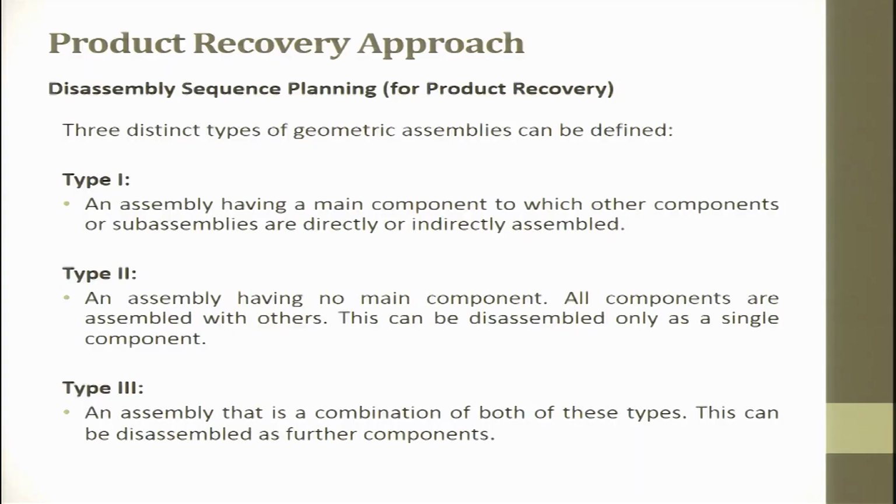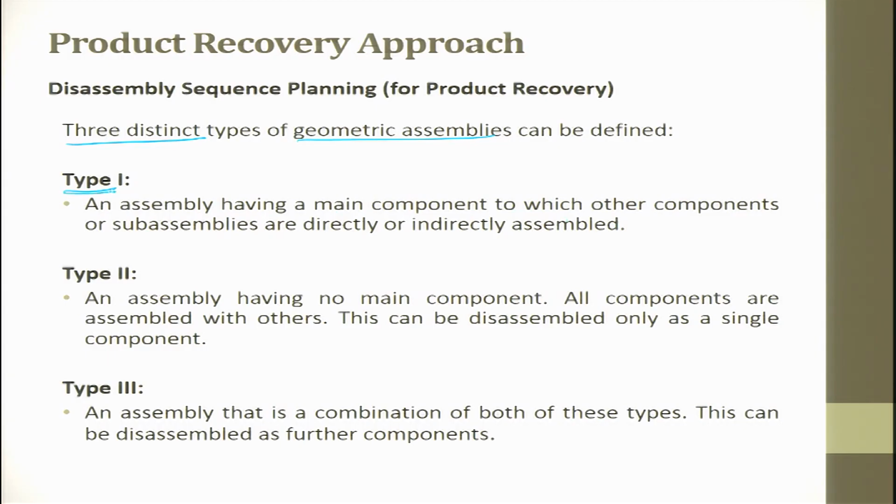In dismantling, disassembly sequence planning for product recovery, 3 distinct types of geometric assemblies can be defined. First is type 1: any assembly having a main component to which other components or sub-assemblies are directly or indirectly assembled.